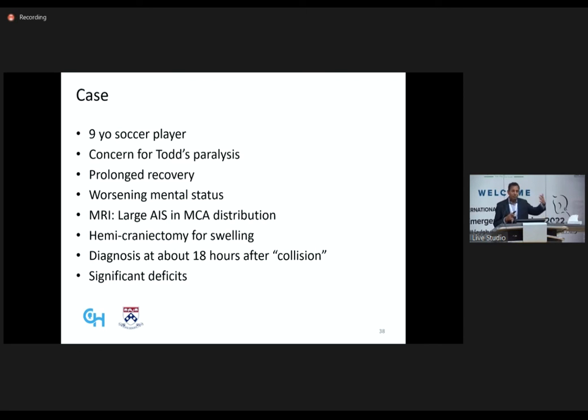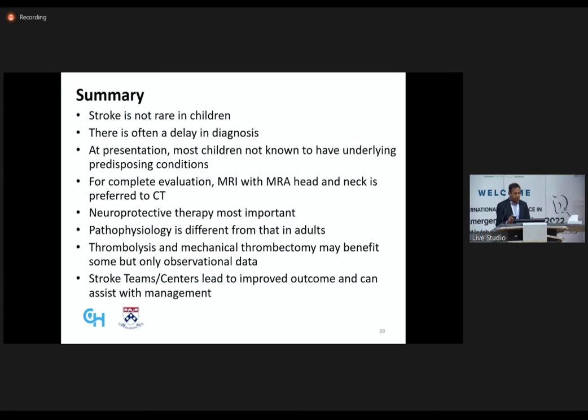That's how he was perceived, and the momentum carried on for some time until people realized that he had a persistent weakness in his right upper extremity and his mental status was not normal, and he had the MRI. I'm not sure that would have altered the outcome, but we talked about neuroprotective strategies, which at least might have limited the weakness. You want to do well by our patients and diagnose things at the earliest if they are diagnosable.